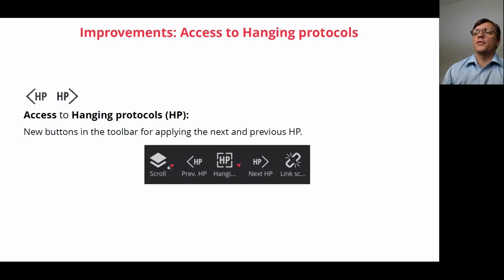With hanging protocols, we added previous and next hanging protocol with clicks, because before you needed to use hotkeys or extend the hanging protocols to select them, but now there is also a visual interface to jump quickly between hanging protocols.